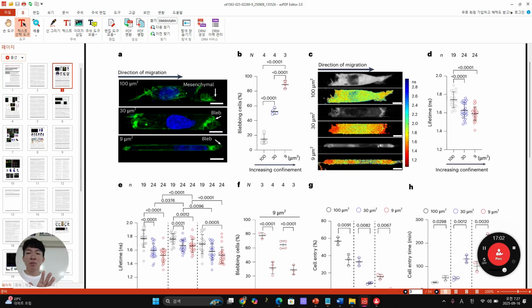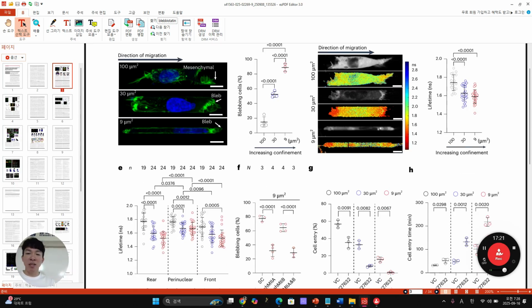Where is the more different color? Back side, front side, and near nucleus, right? Here also, back side, near nucleus, front side. So when you see the data, maybe I can take the average of this, and probably I can also quantify this spatially: back, center, front.